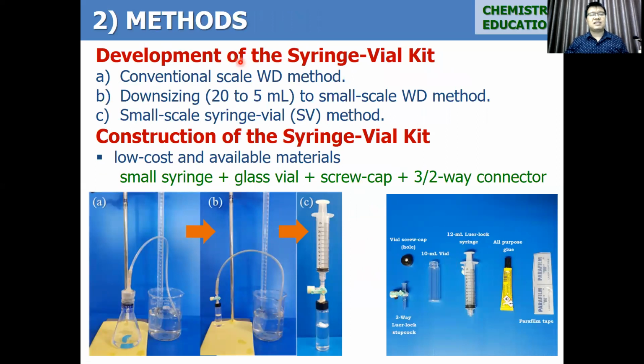For our methods in developing the syringe-vial kit, we first investigate the volume of CO2 from the reaction at the conventional scale by using the water displacement method as the gas measurement, and then downsizing the volume of the solution from 20 ml to 5 ml to be a small scale, but still use the water displacement method as the gas measurement.